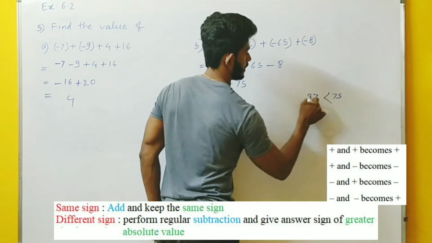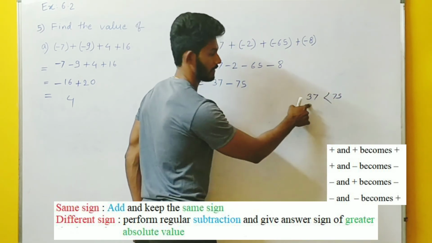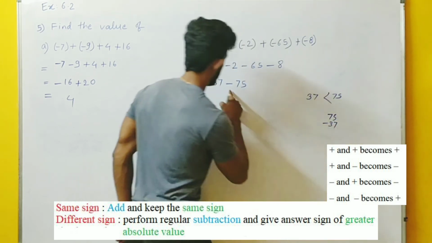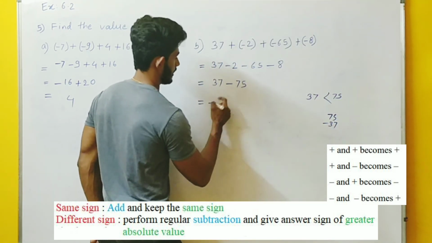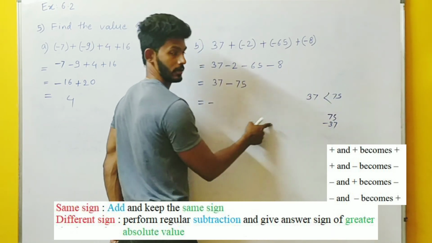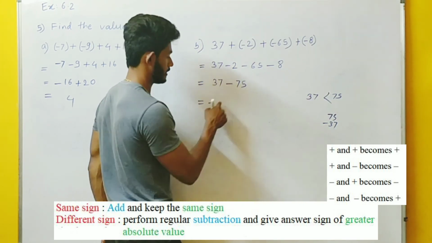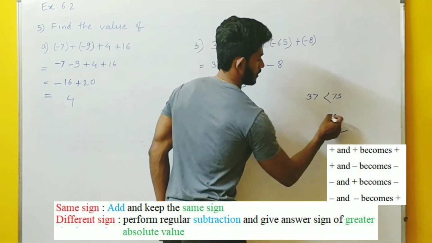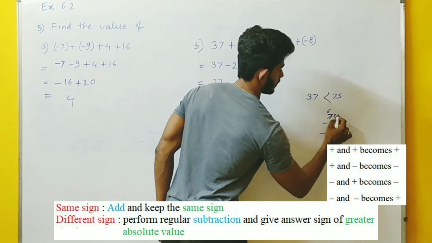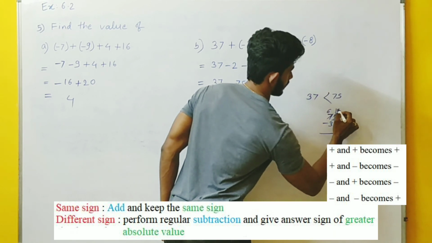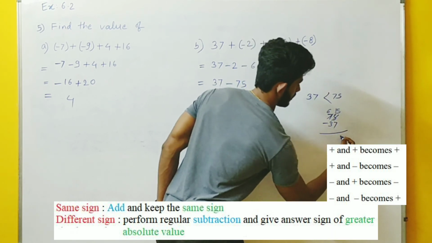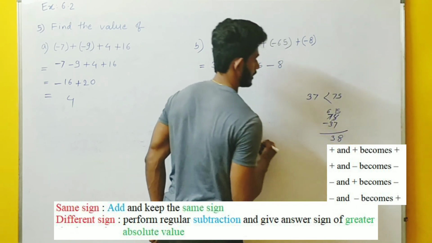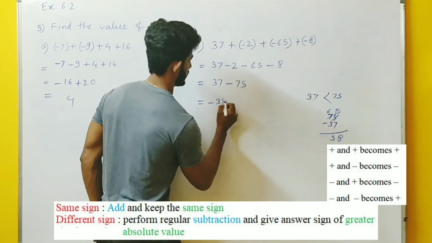Now we all know that 75 is greater than 37, so we are going to subtract now, 75 minus 37, and here my answer will have a minus sign because 75 is greater and 75 is having a minus sign, so my answer will have a minus sign. Now the subtraction will be 15 minus 7, that will be 8, 6 minus 3 will be 3. The answer will be 38.